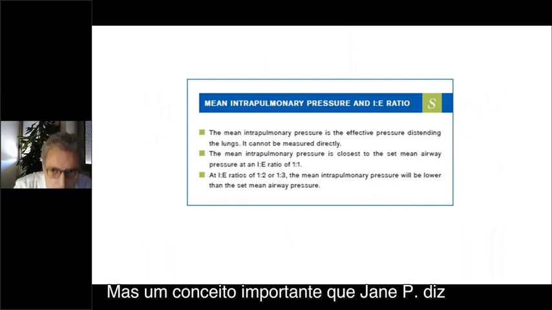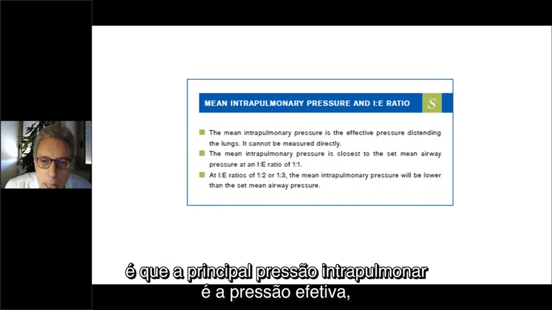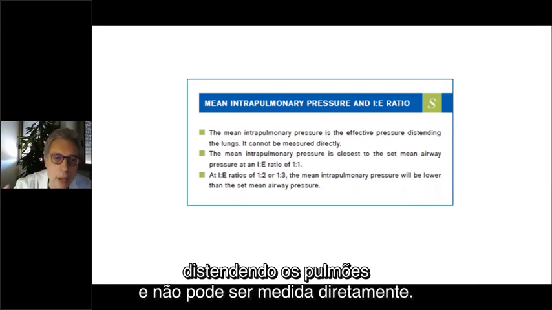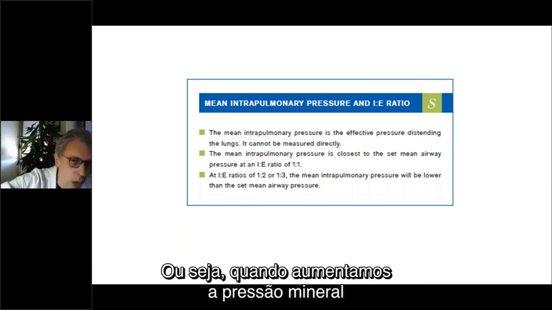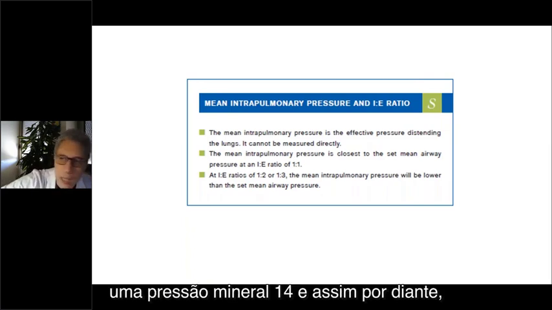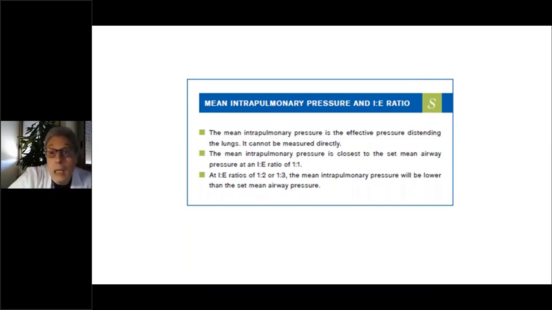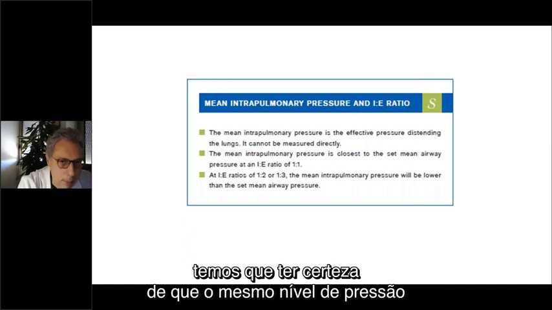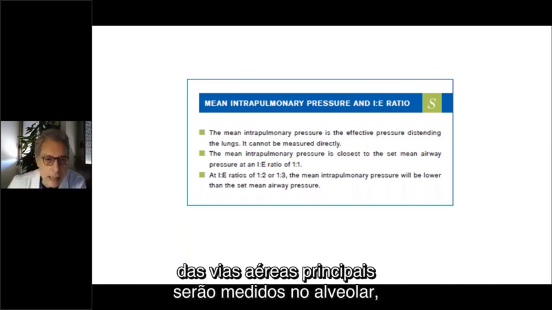But an important concept that Jane Pillow says is that the mean intrapulmonary pressure is the effective pressure distending the lungs, and it cannot be measured directly. That is, when we increase the mean airway pressure, on the display of the ventilator, 12 of a mean airway pressure, 14 and so on, we have to be sure that the same level of mean airway pressure will be measured at the alveolar compartment.